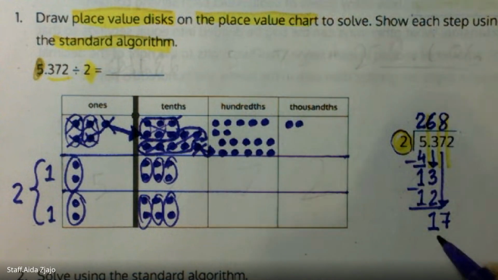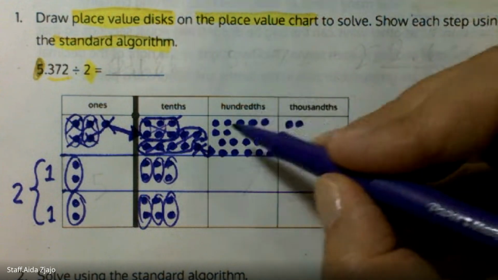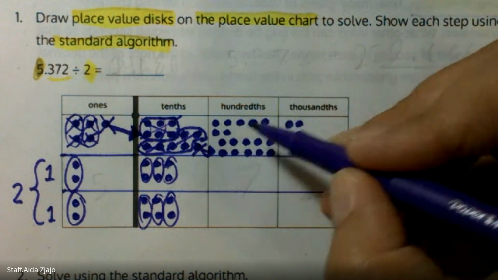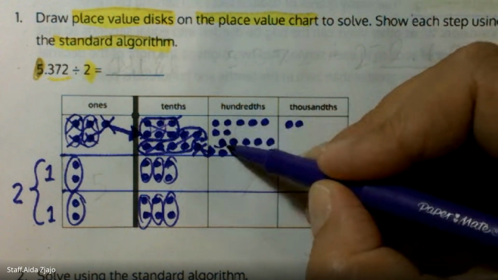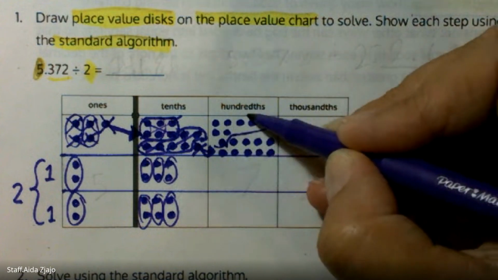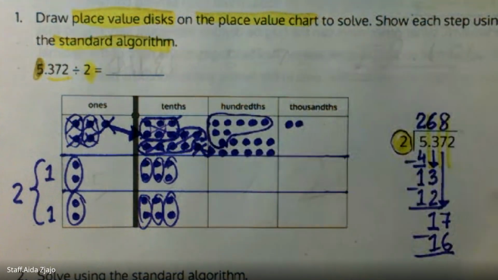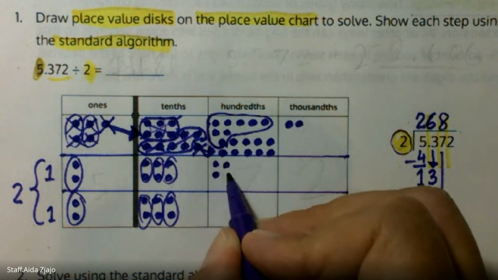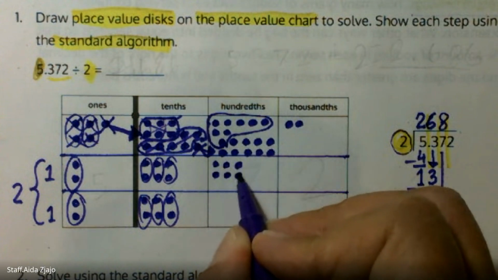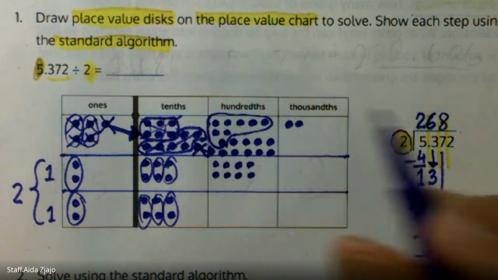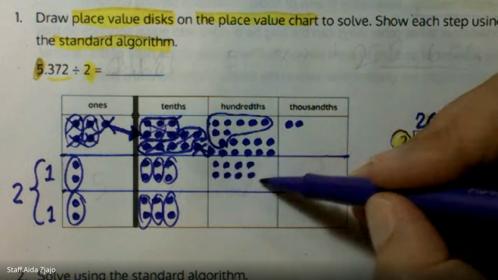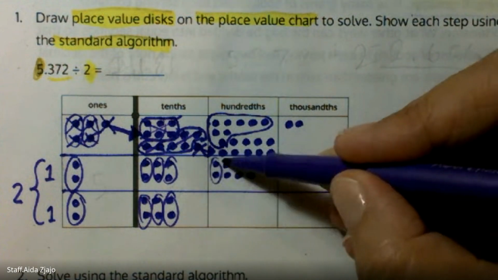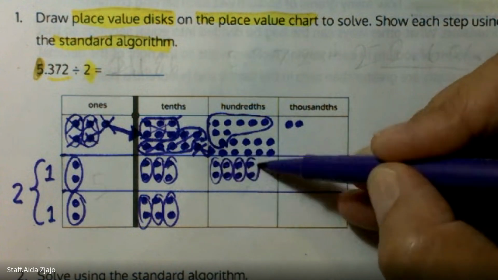2 times 8 is 16, so I will share 16. 2, 4, 6, 8. I make 1, 2, 3, 4, 5, 6, 7, 8, so you can see one group of 8.